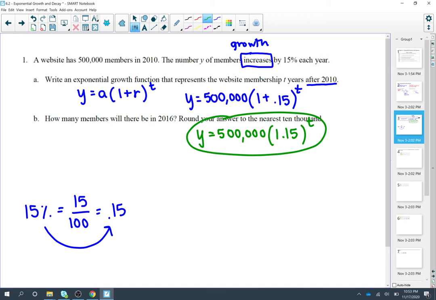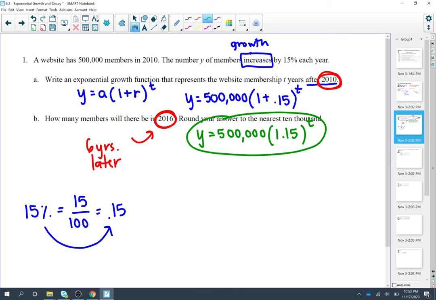Now, part B, how many members will there be in 2016? Round your answer to the nearest 10,000. Now, how many in 2016? We have to consider where we started. If I started in 2010 and I went to 2016, that is 6 years later, which means my time period here is going to be 6.